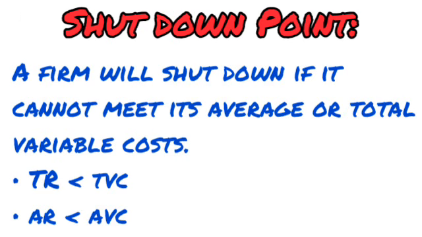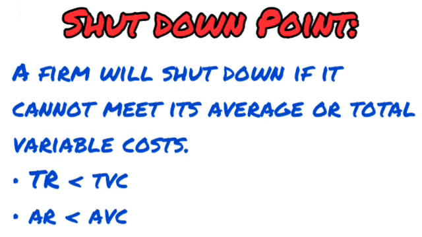That is the point where your total revenue is less than your total variable cost, or your average revenue is less than your average variable cost. Remember, with average we are finding the approximate point in the middle, whereas with total we are saying the actual total of things.